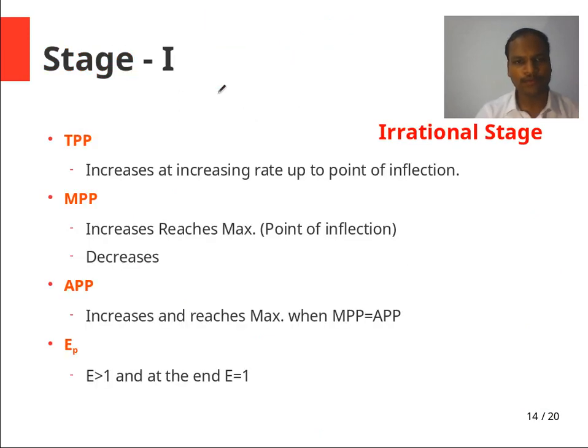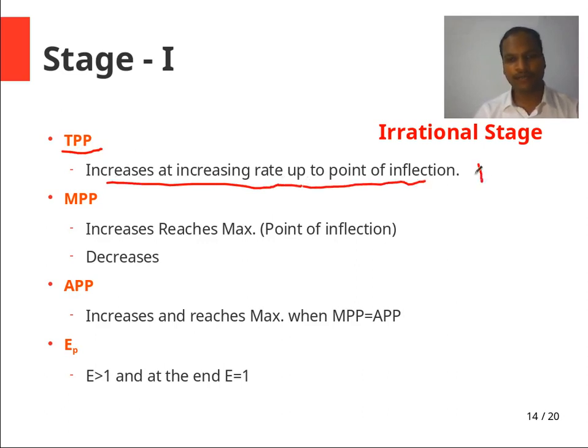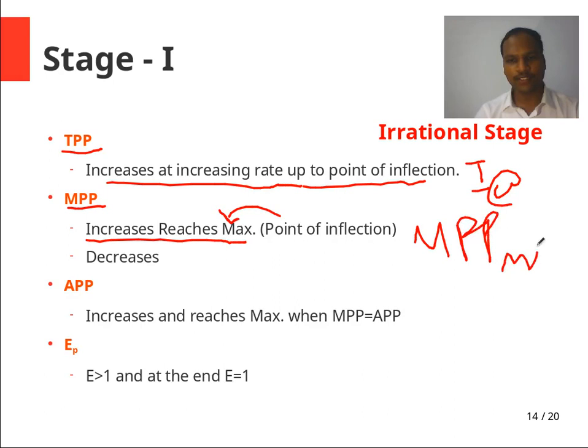Now the same has been written here. TPP increases at an increasing rate up to the point of inflection, and after that it increases at a decreasing rate. MPP increases and reaches maximum; MPP maximum is called the point of inflection, and then it decreases in the first stage.